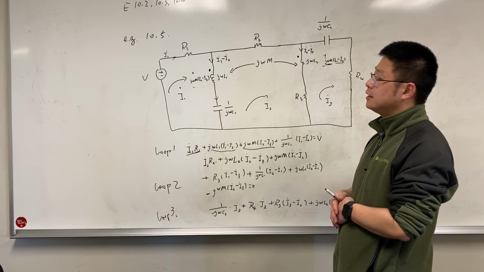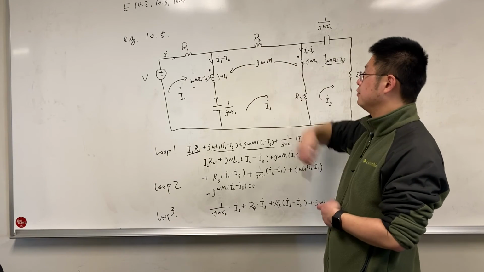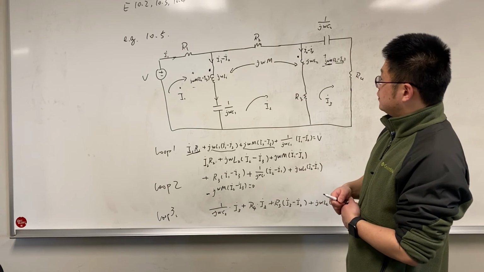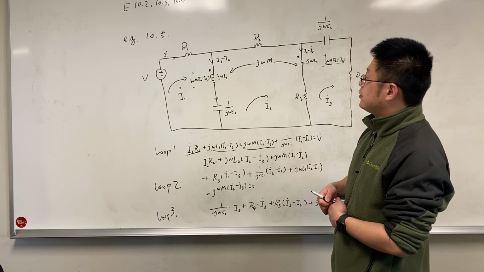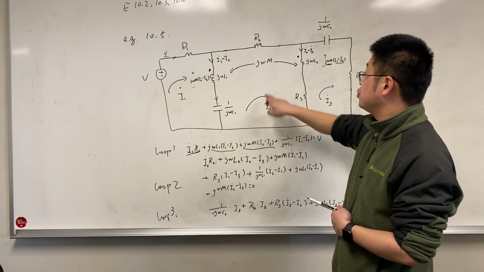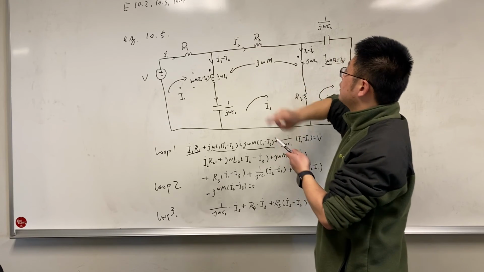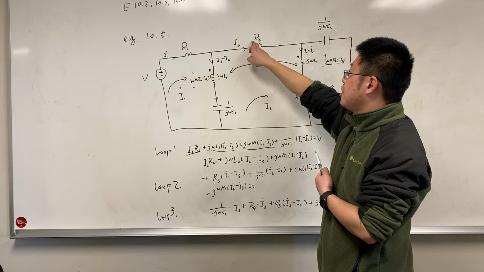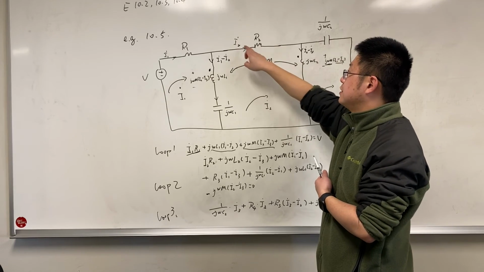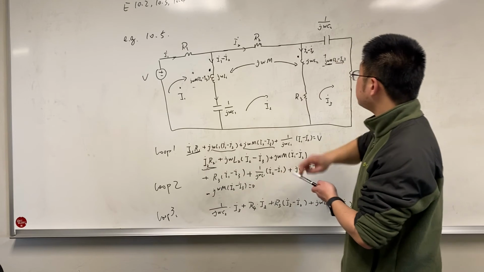For the second loop, it's more complicated because there are more components. Let's start from the resistor. The current is I2 and we have the resistor R2, so the voltage is I2 times R2. That is this term.